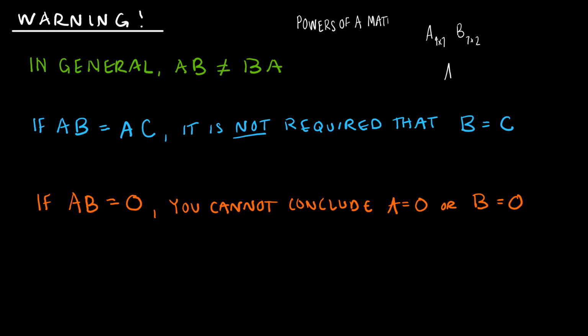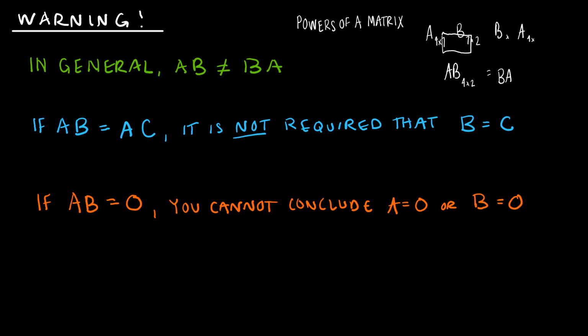Well, then my resulting AB is going to, because 7 is equal to 7, be a 4 by 2 matrix. Whereas BA would not be a matrix that we could find, because B is 2 by 7 and A is 4 by 7.